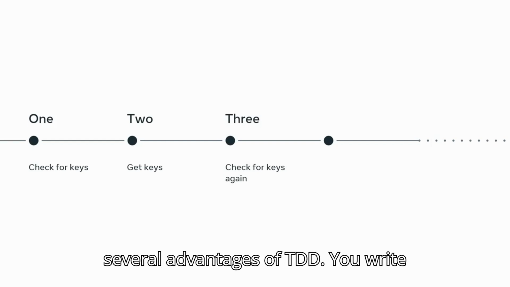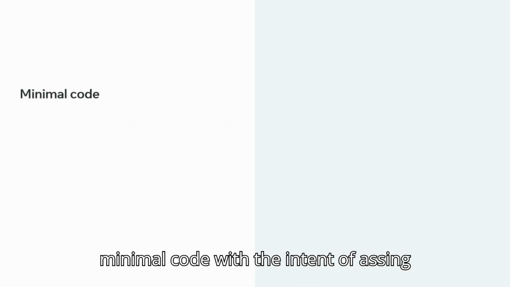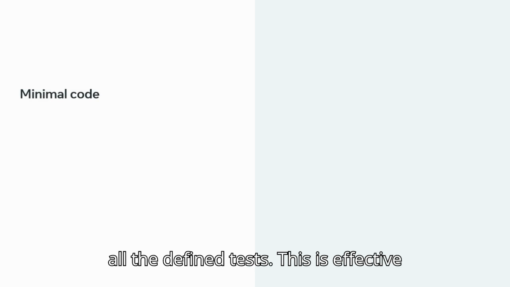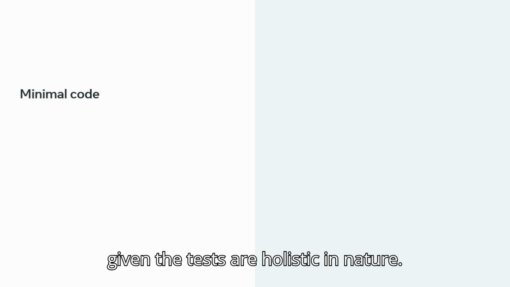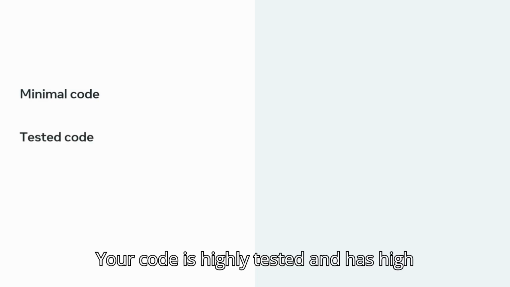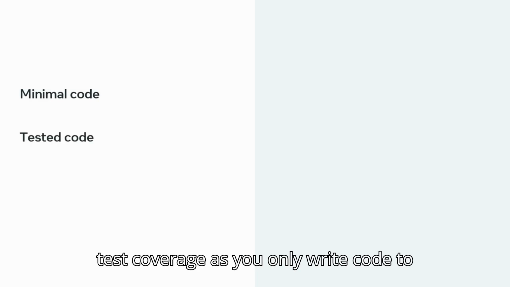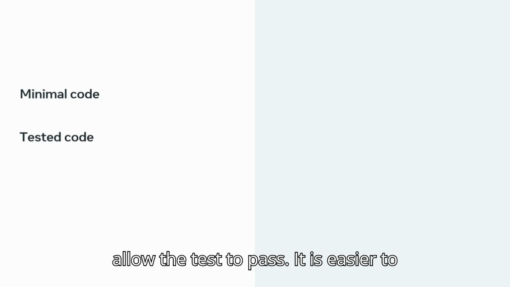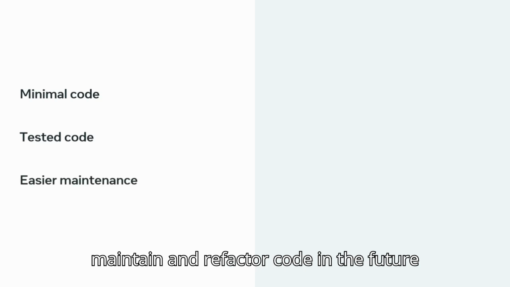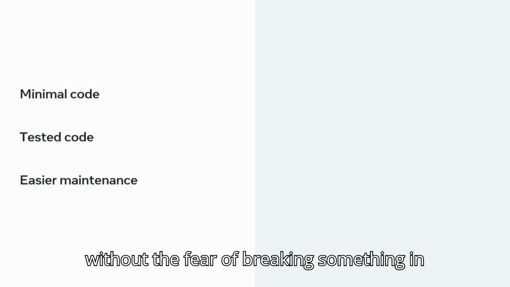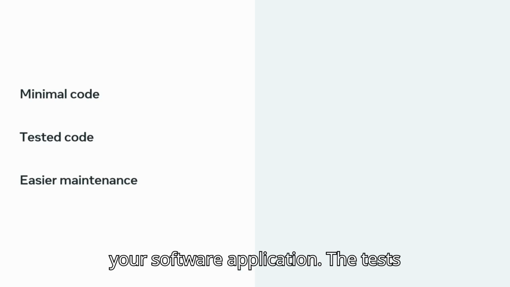There are several advantages of TDD. You write minimal code with the intent of passing all the defined tests. This is effective, given the tests are holistic in nature. Your code is highly tested and has high test coverage as you only write code to allow the test to pass. It is easier to maintain and refactor code in the future without the fear of breaking something in your software application.